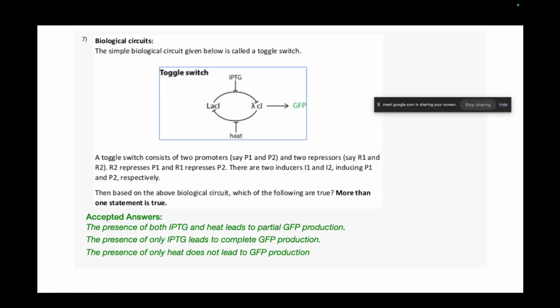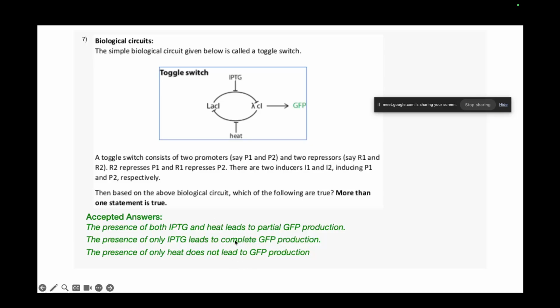But if IPTG is present, there is less of lambda CI, less of lac I, which leads to more of lambda CI. You're getting the point. So you have IPTG, less lambda CI, less, more of lac I, and then it's completing the GFP production.